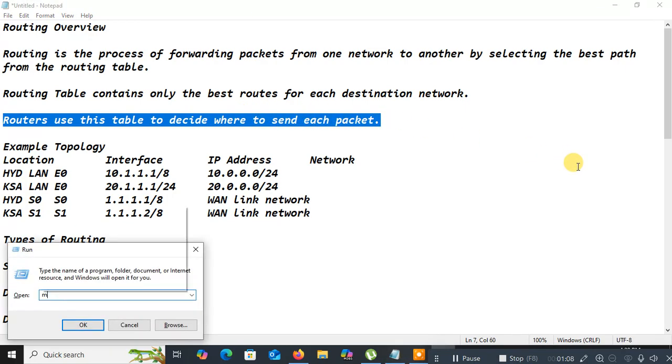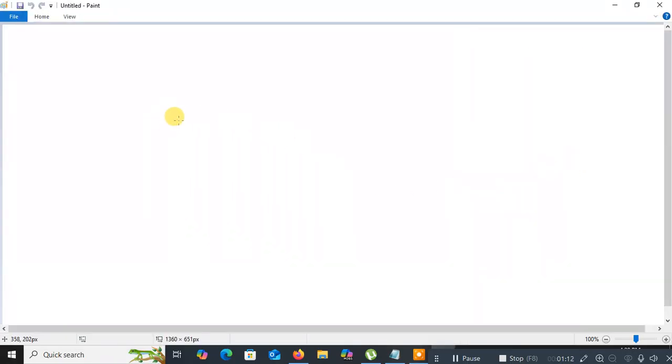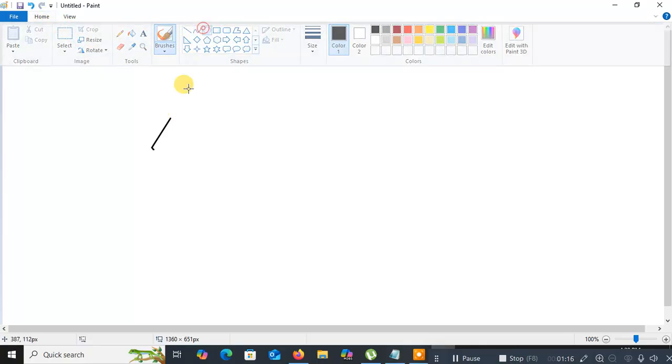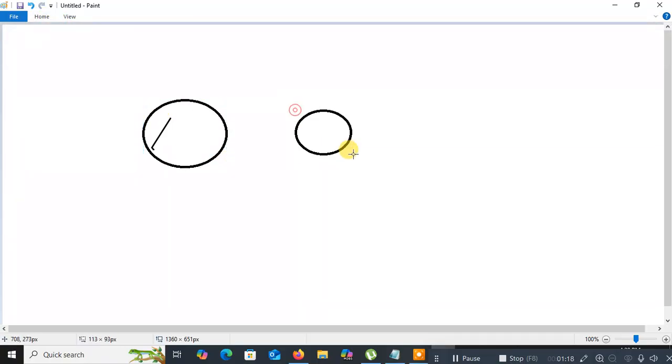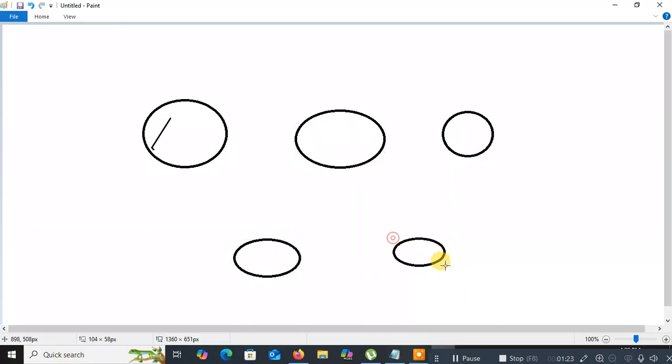Here I take an example. I have multiple routers, and I'm going to take them one by one.